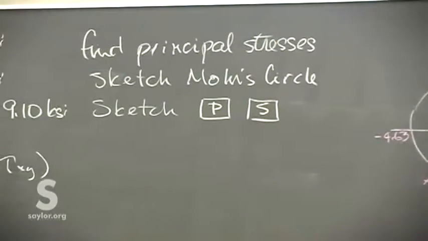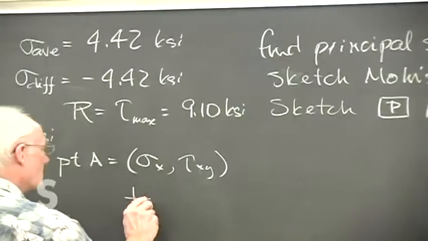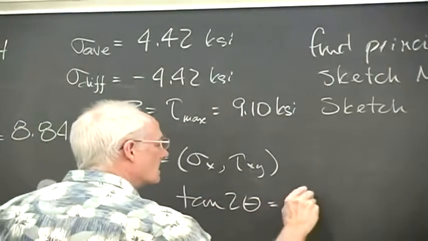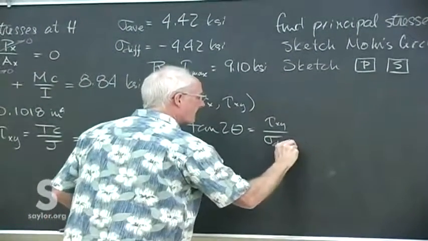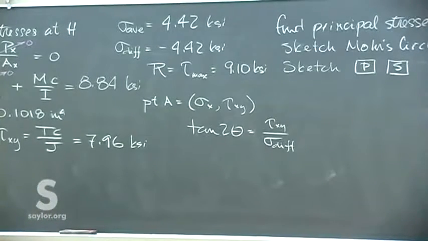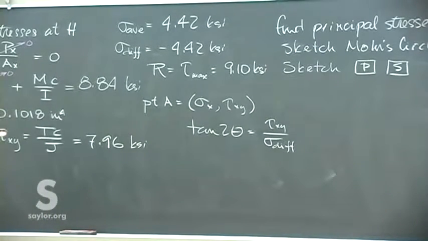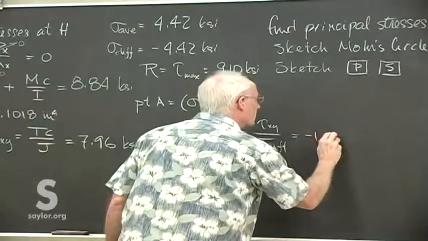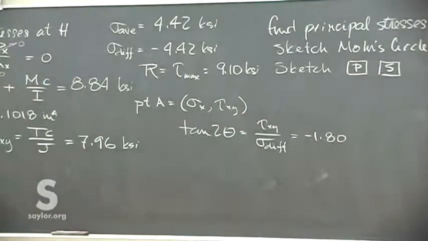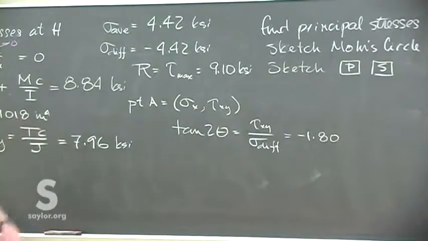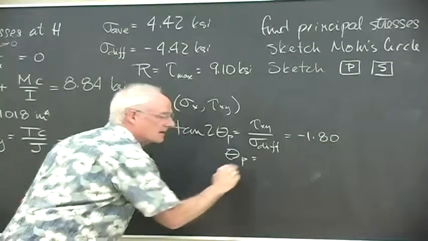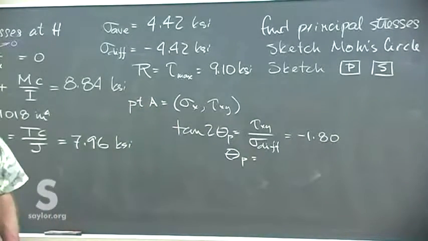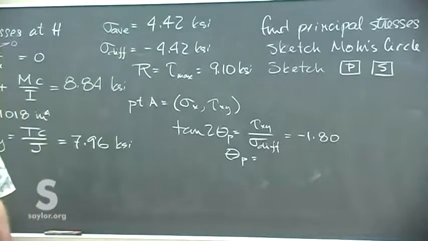So we can then find the principal angles, and we've got that sigma diff is minus 4.24, so this is minus 1.8. We take the arctangent of that, divide it by 2, because we have this angle 2 theta. Oh, this is 2 theta p. And you get 30 or minus 30?